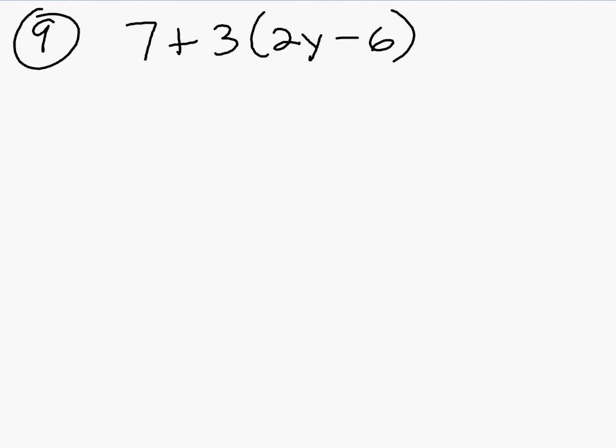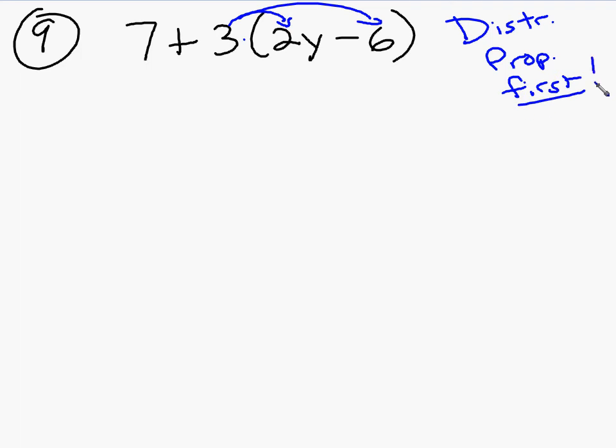Yes, people add the 7 and the 3 together first. That says 7 plus 3 times what's in parentheses. Order of operations says I multiply first. So what I have to do here is do distributive property first. Better write that off to the side in your notes. Let's just abbreviate distributive property first.